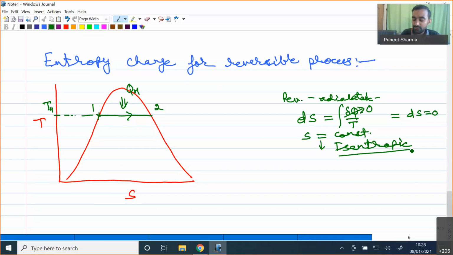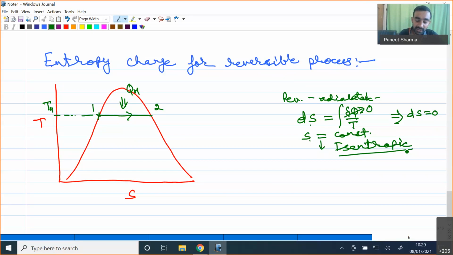This is one very important point: if our process is reversible, then ds is equal to the integral of del q by T, and if it is adiabatic, then dq will be equal to 0. So ds becomes equal to 0, which means our entropy remains constant during that process. Because of that I can call this process isentropic. So a process that is reversible and adiabatic is our isentropic process.